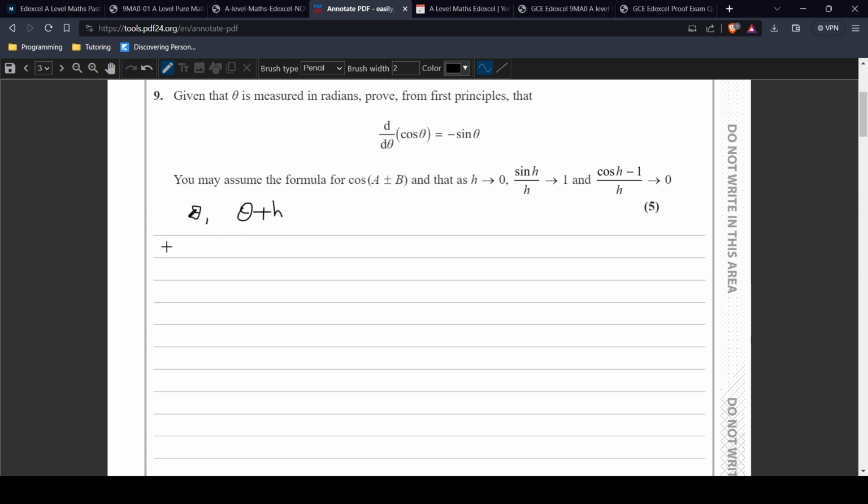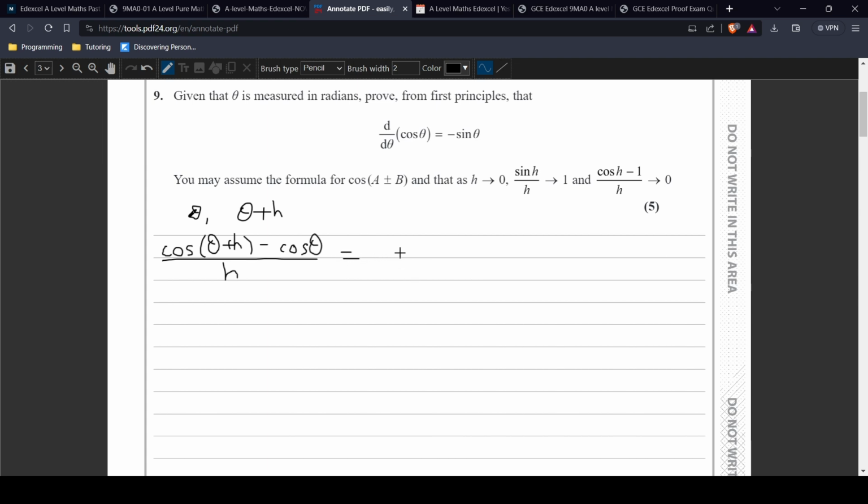Okay, now the gradient is just the change in y. So the change in y will be cos of theta plus h minus cos theta. So that's the change in y, and we want to divide it by the change in x, which is just our little h that we added on.